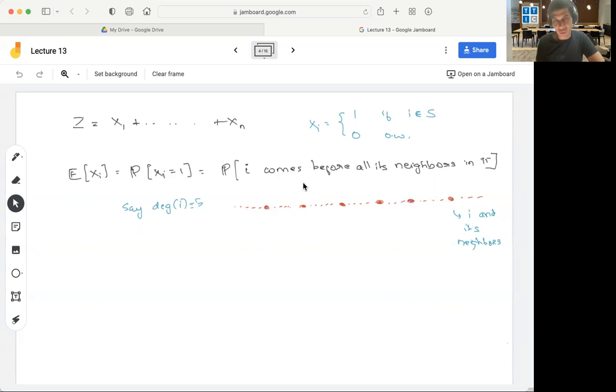Otherwise, we'll pick I and rule out its neighbors. So from the perspective of I, the only way we are going to pick I is if it comes before all its neighbors. Is that okay?